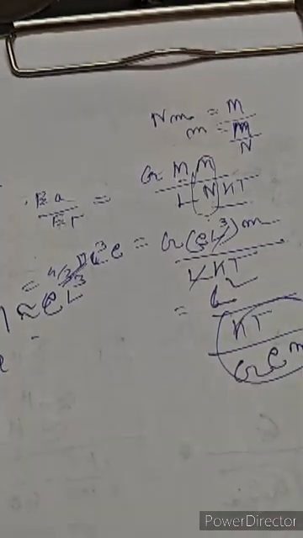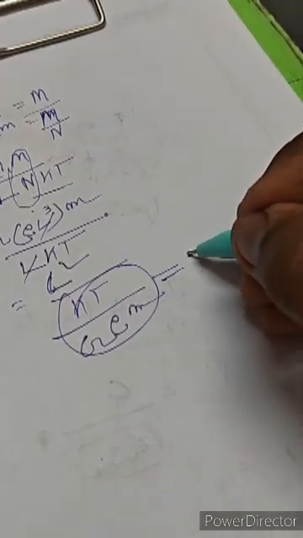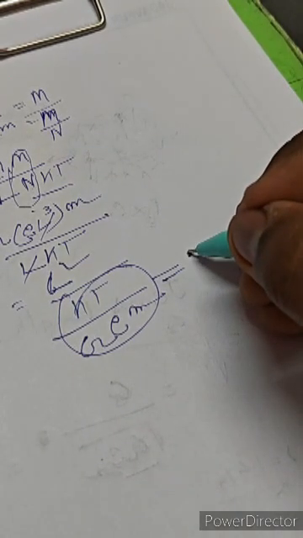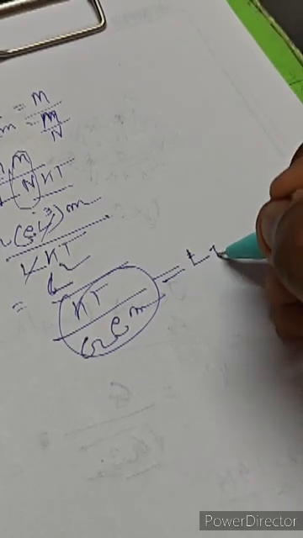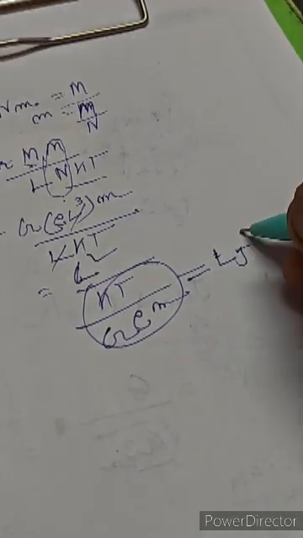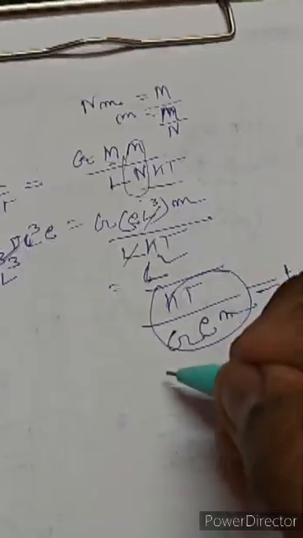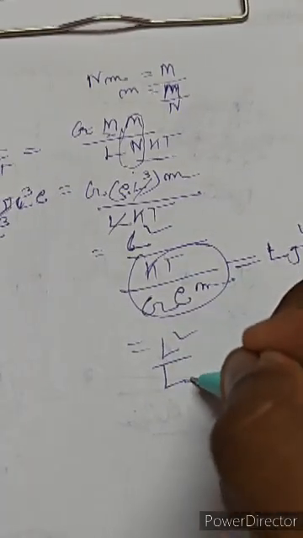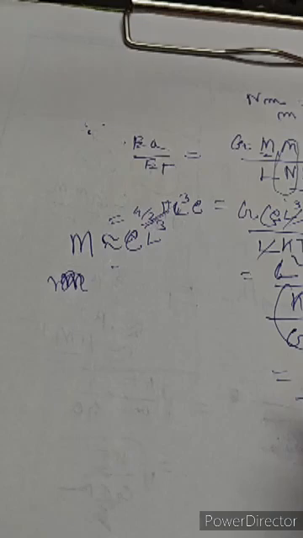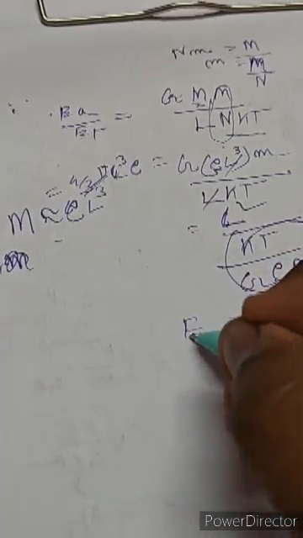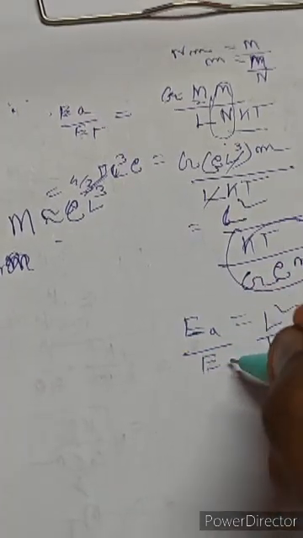What is it? It is L square by Lj square, the Jeans length squared, the ratio of the two energies EA by ET.